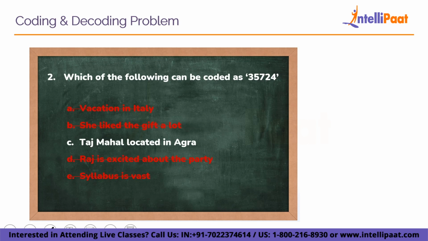We can also check this with our pattern: Taj has 3 letters, that is 3, Mahal has 5 letters, located has 7 letters, in has 2 letters, Agra has 4 letters, and this is our answer, "Taj Mahal located in Agra". I hope you get an idea of how to approach questions using the values given in the question.